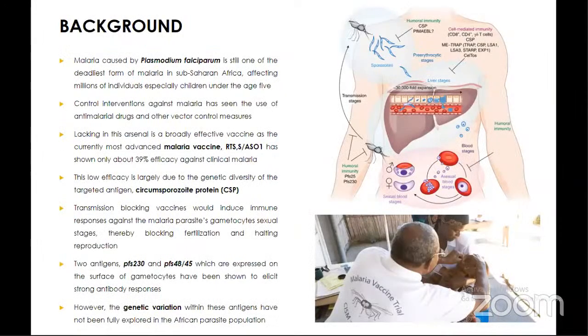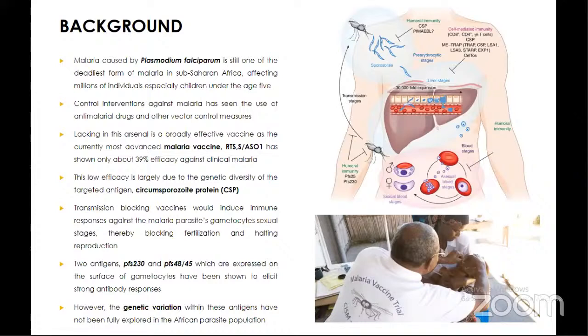Plasmodium falciparum malaria remains the deadliest form of malaria, especially in children under 5. Several control interventions, including anti-malaria drugs and vector control measures like bed nets and insecticide sprays, have been used to prevent the disease. One tool lacking in this arsenal is a broadly effective malaria vaccine.